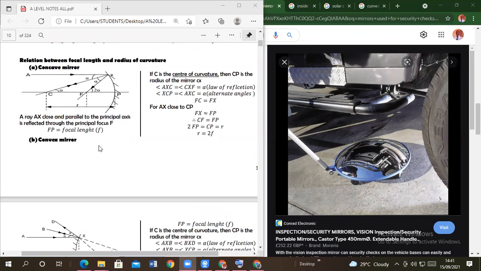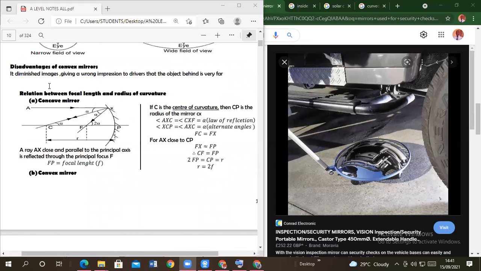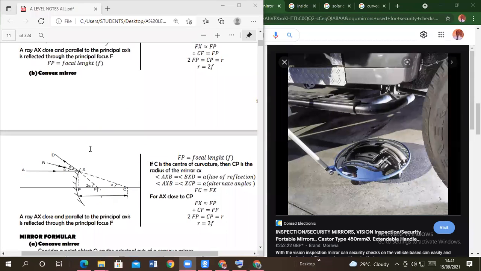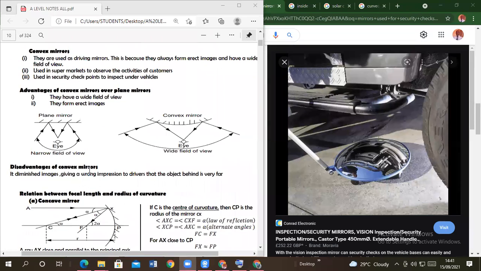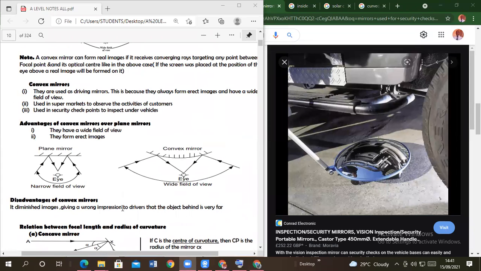The other one is that it forms diminished images or gives a wrong impression to drivers. That is that the object behind is very far.